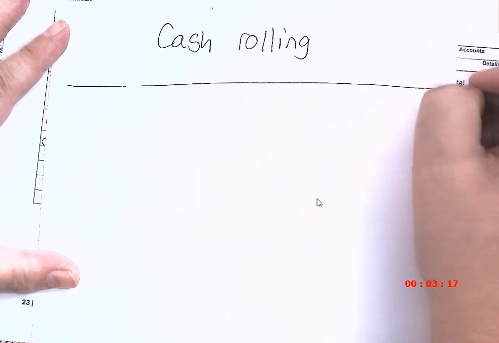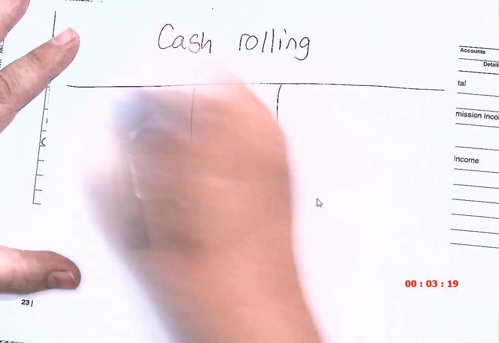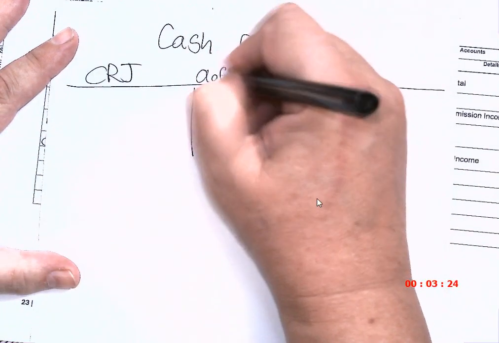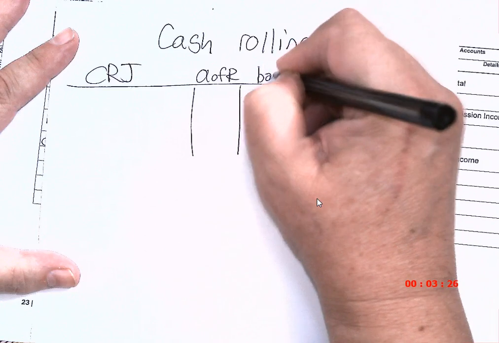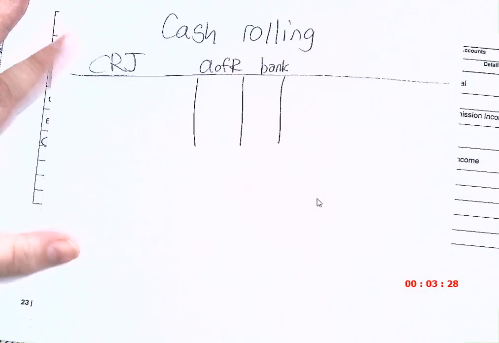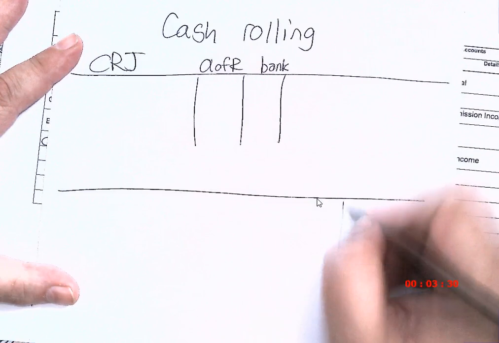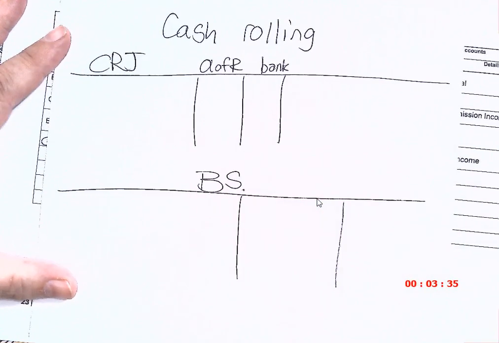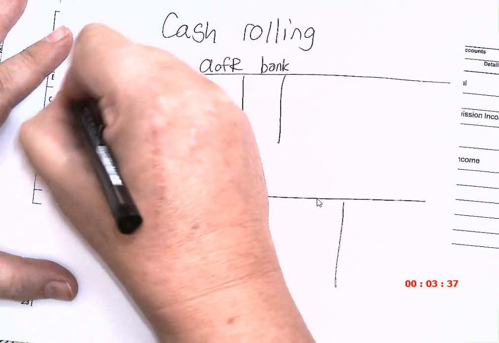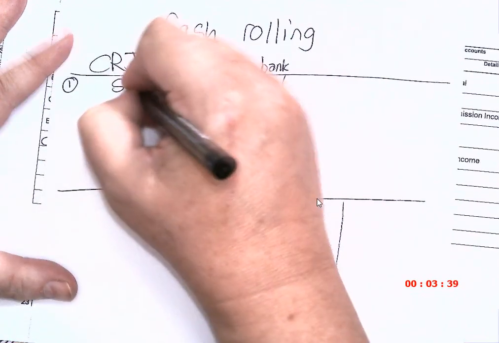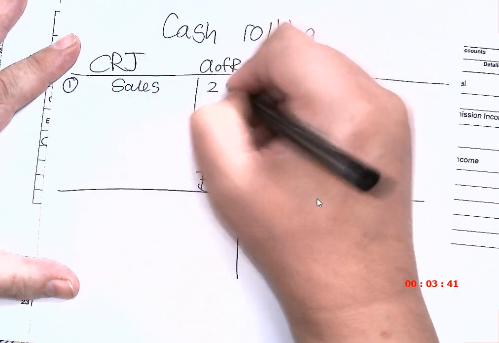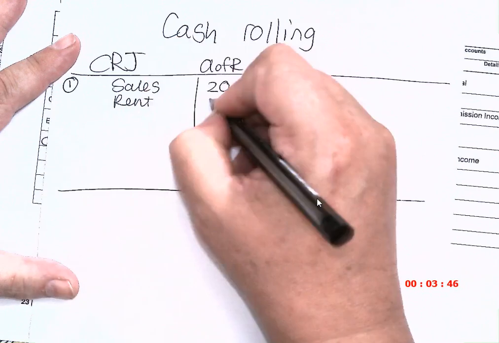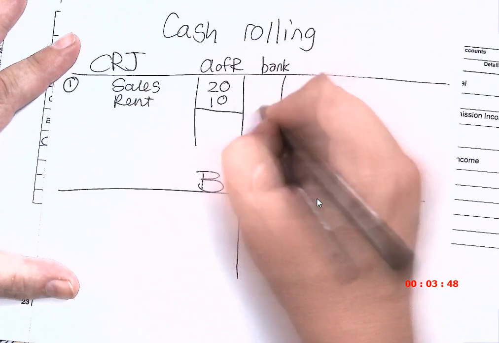So I've got my CRJ. In my CRJ, I have an analysis of receipts and I have a bank. Then I also have a bank statement. Let's say this is day 1. I had sales for 20 Rand. I had rent for 10 Rand. So I take 30 Rand to the bank.